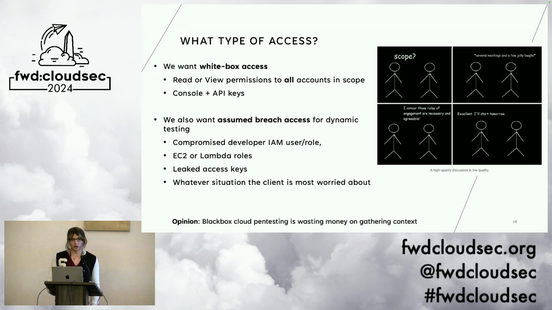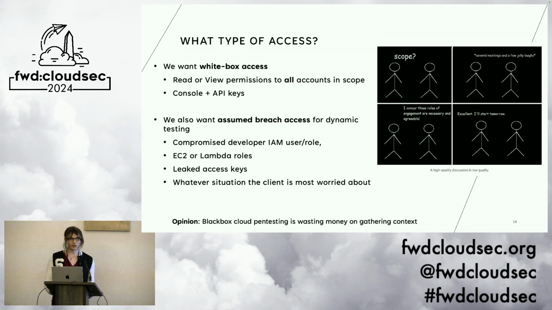So when we're talking about access, I like to have 2 forms of access when I'm on a pen testing engagement for cloud. The first one is white box access. So that allows us to run automated tools to get all the visualization that's possible, and it allows us to get as much context as we possibly can at the start. We also want assumed breach access.